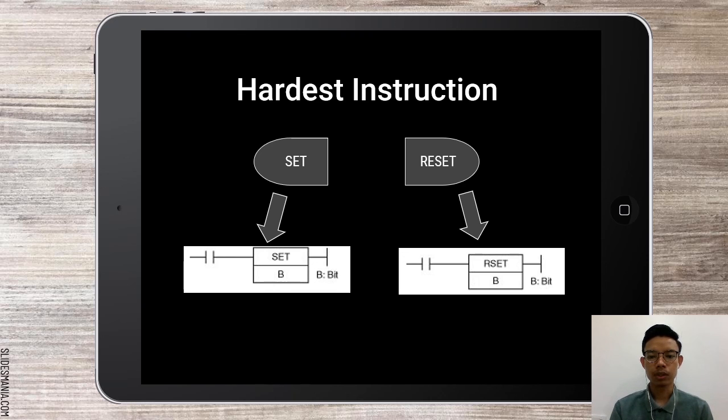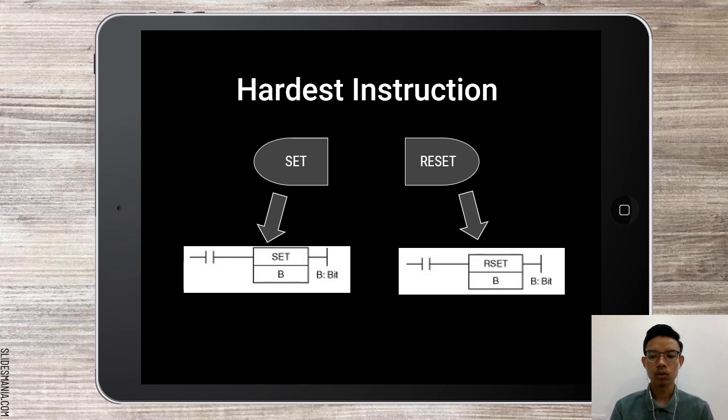The function of set is to turn the operand bit on when the execution condition is on, and it does not affect the status of the operand bit when the execution condition is off. Use reset to turn off a bit that has been turned on with set. Reset turns the operand bit off when the execution condition is on and does not affect the status of the operand bit when the execution condition is off.